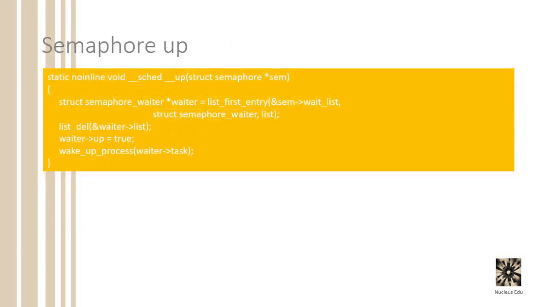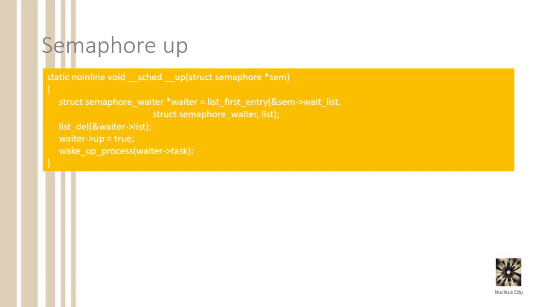And this is the code for __up, which is again very simple. The first thing it does is pick up the first entry in the wait list. As you remember, the one getting added was added at the tail, so this is a FIFO list. It deletes that entry from the wait list, and for the dequeued waiter, it sets up equal to true.